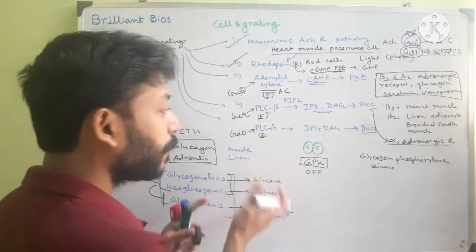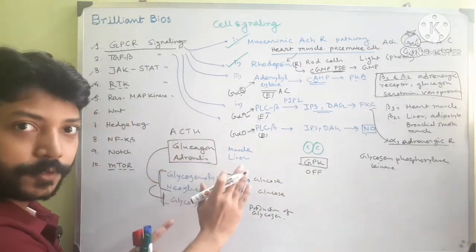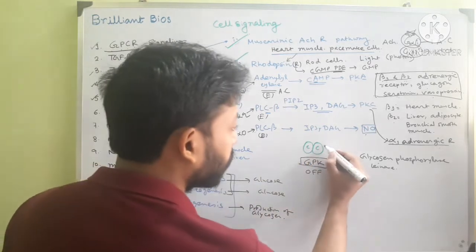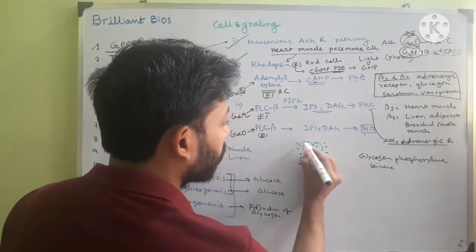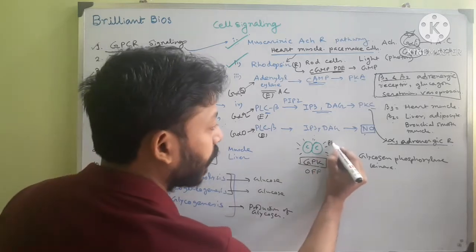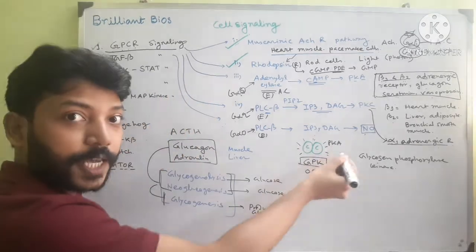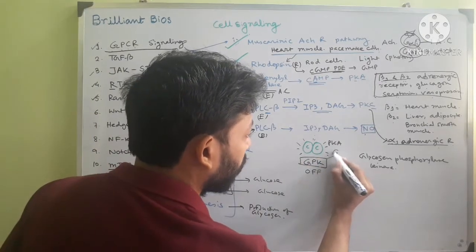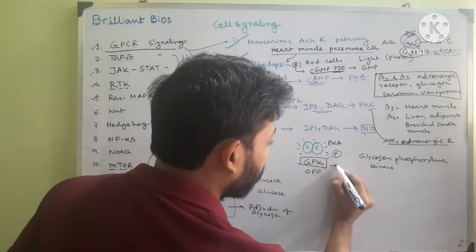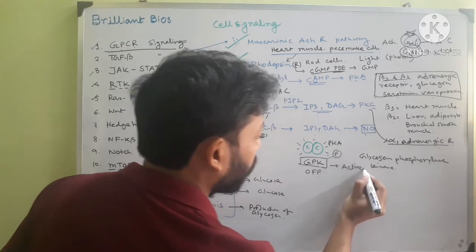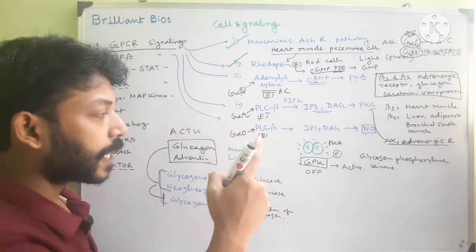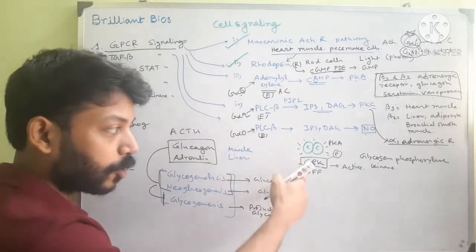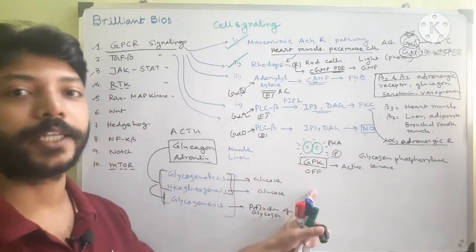Now when the cAMP level rises, because the hormone binds to the cells, this catalytic subunit becomes active. This catalytic subunit of the PKA, protein kinase A, being a kinase, can phosphorylate this GPK and activate it. Now active GPK, because it is called glycogen phosphorylase kinase, is also a kinase.